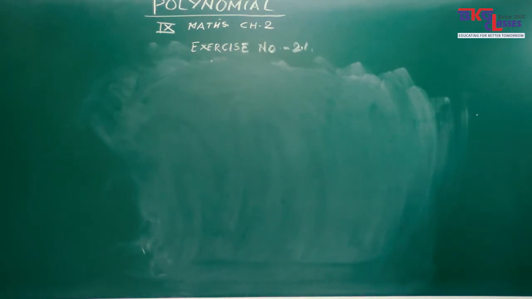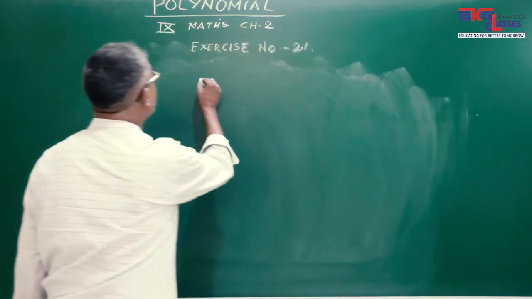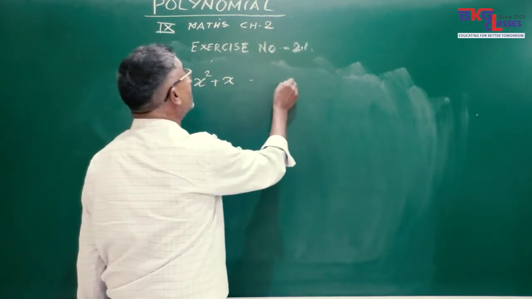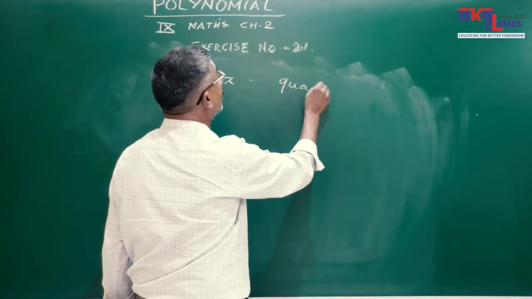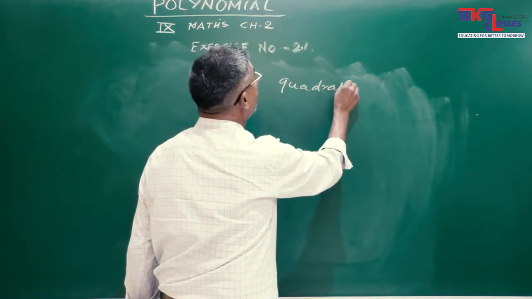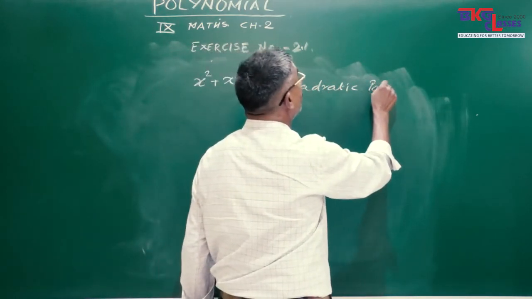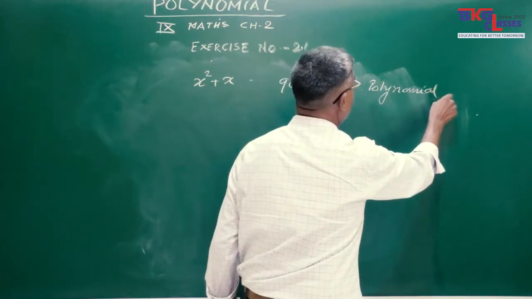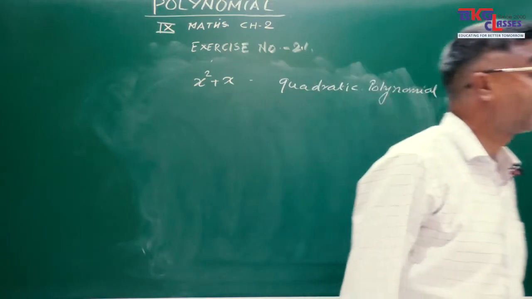So the fifth one: classify the following as linear, quadratic or cubic polynomial. x square plus x, so this is a quadratic polynomial. Clear?